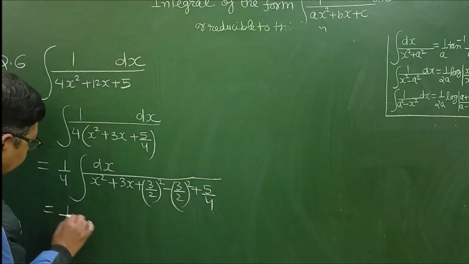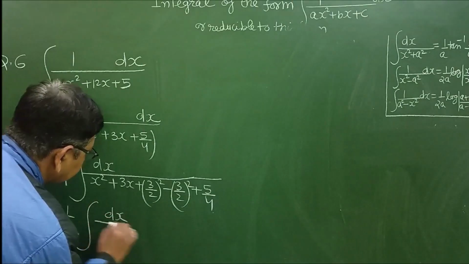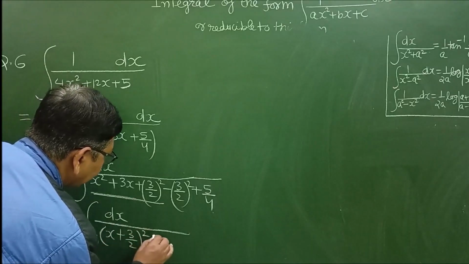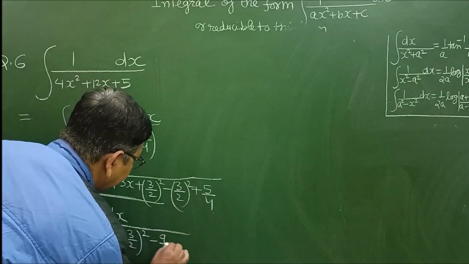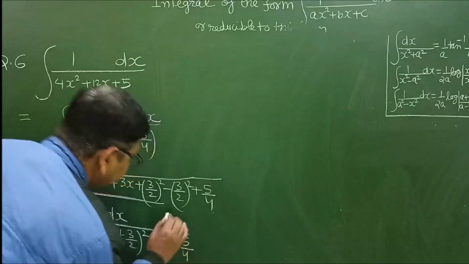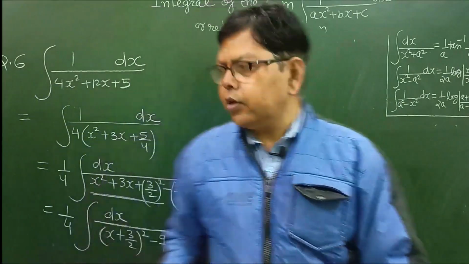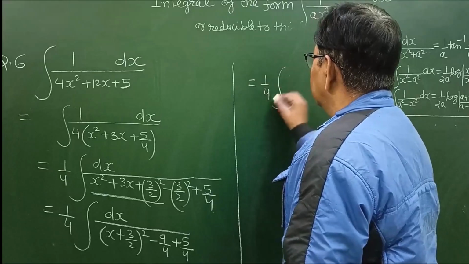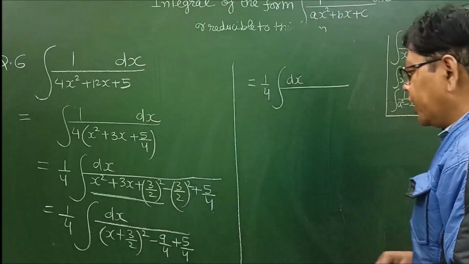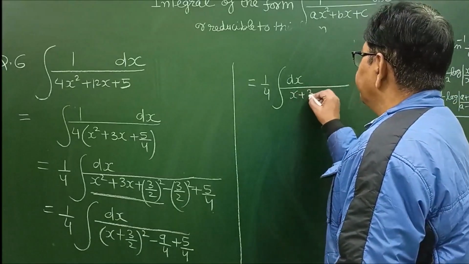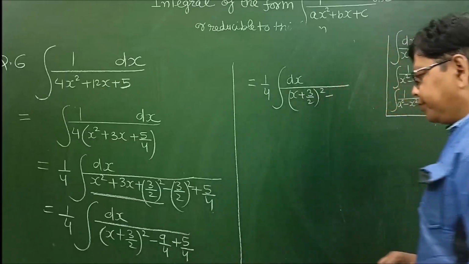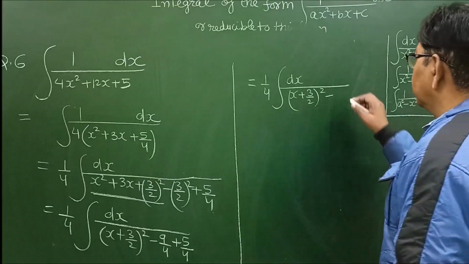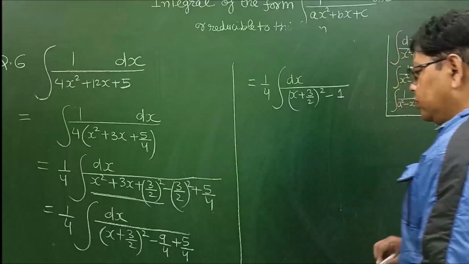So this is equal to 1 upon 4 integral of dx. The first 3 terms make a perfect square, x plus 3 upon 2 whole square, minus 3 upon 2 square is 9 upon 4, plus 5 upon 4, which is equal to 1 upon 4 dx upon x plus 3 upon 2 whole square minus 9 upon 4 and plus 5 upon 4 is minus 4 upon 4, that is 1, minus 1.